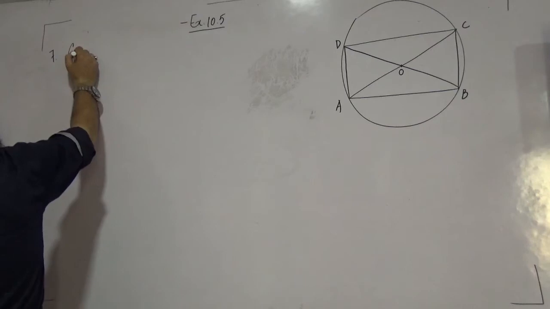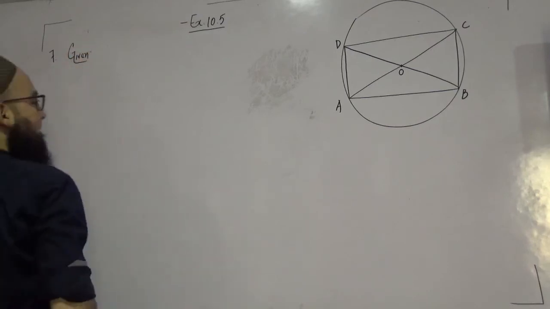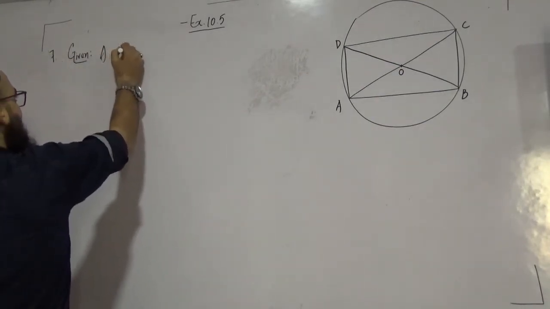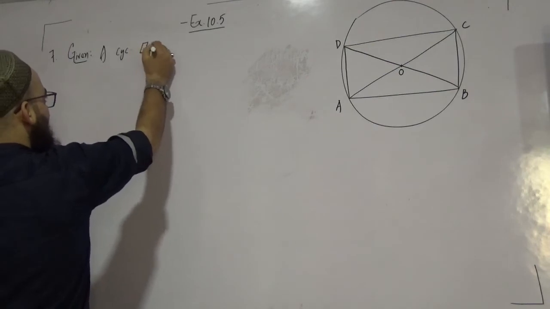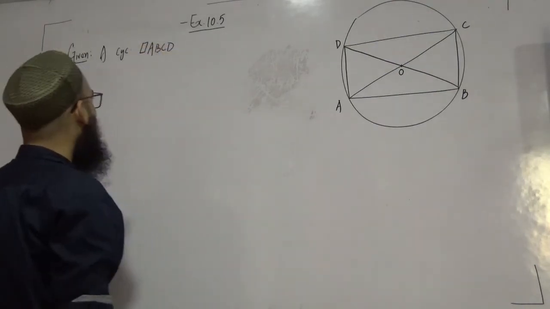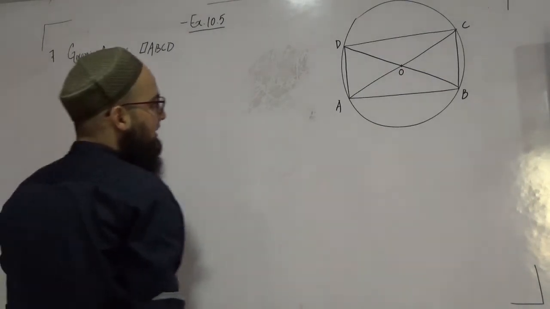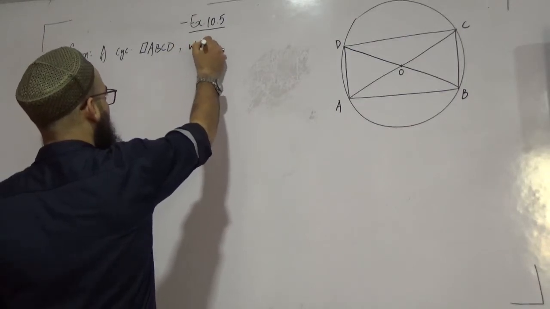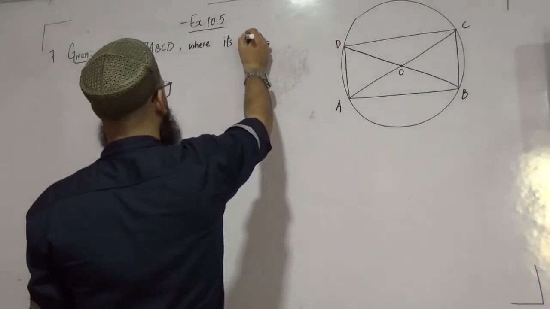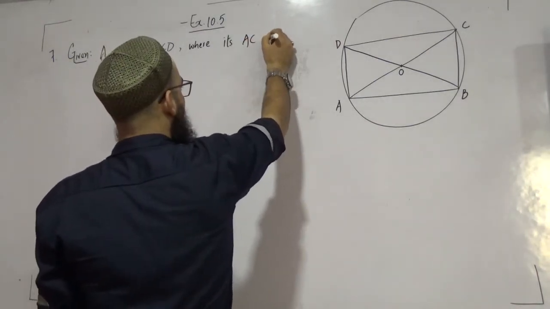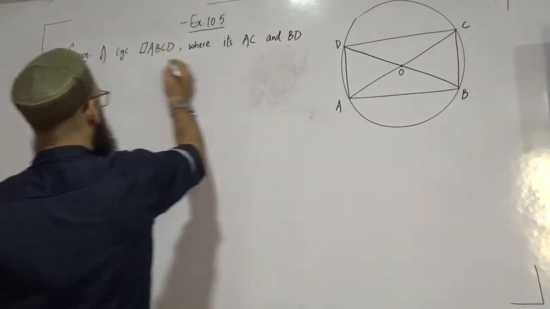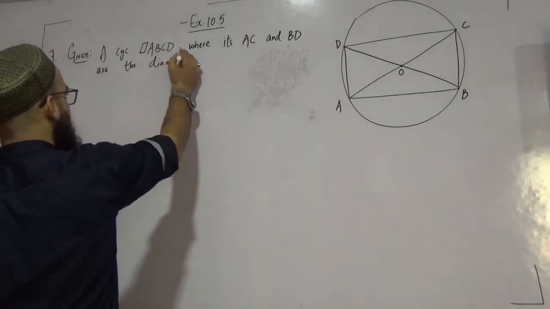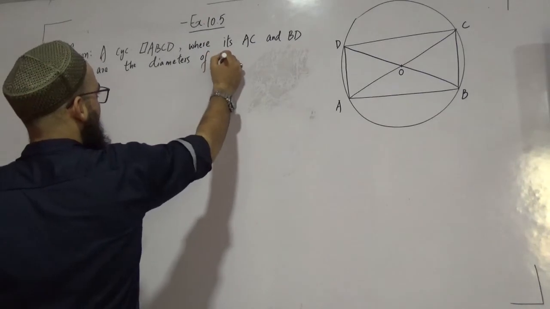Now see. What is given? A cyclic quadrilateral ABCD, where its diagonals AC and BD are the diameters of a circle.